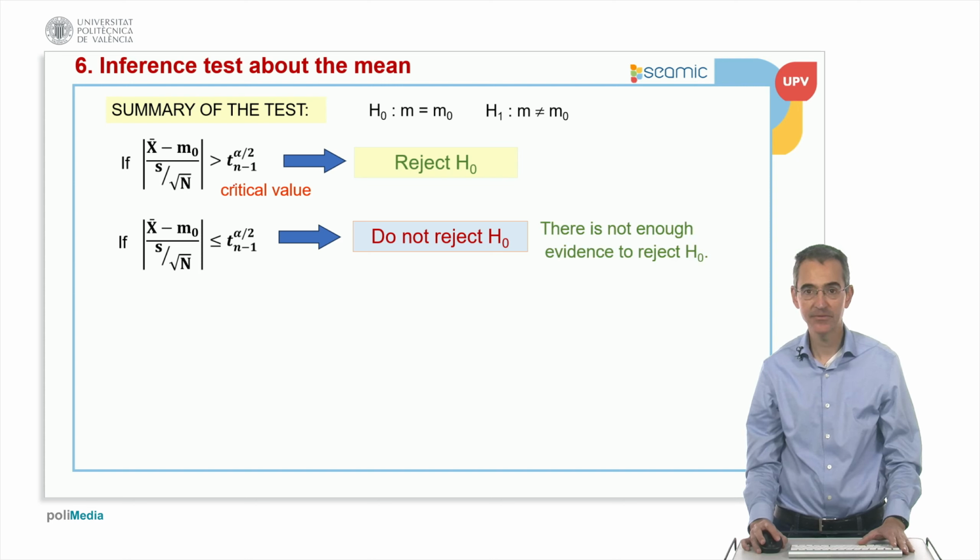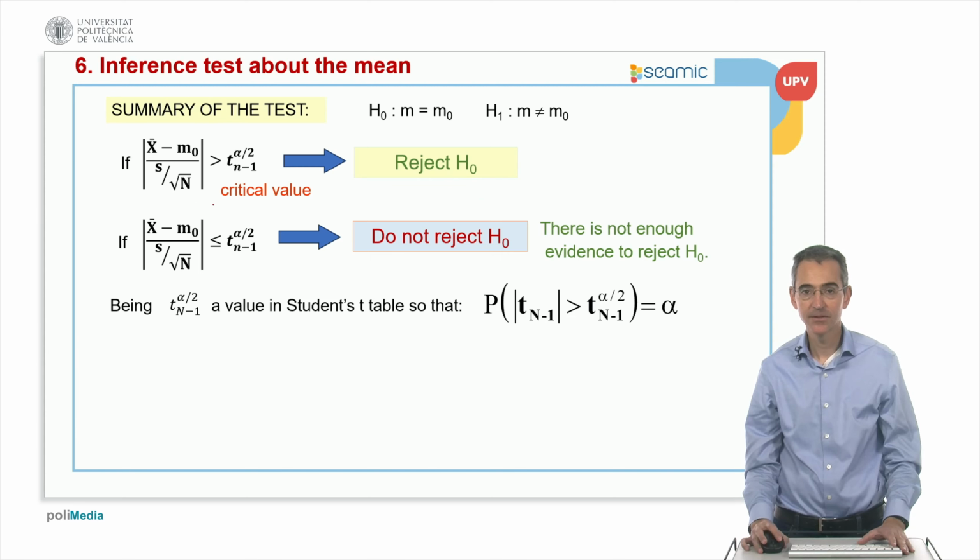There is not enough evidence to reject. So this is the summary. You have these formulas in your math tables. And this critical value is a value in the student's t-table such that the probability that the student t-distribution in absolute value is bigger than this critical value is alpha.